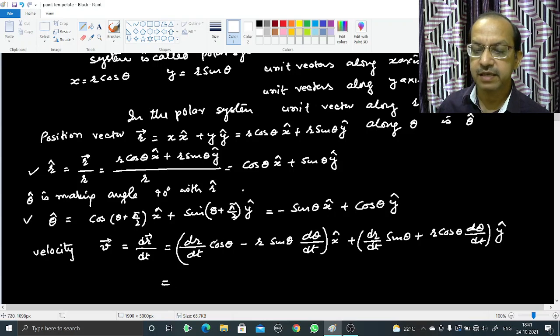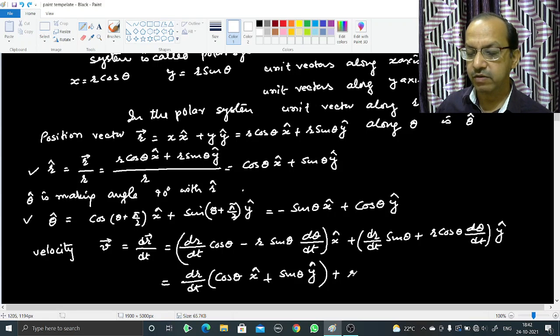Or this can be written as dr over dt multiplied by cos theta x cap plus sin theta y cap, then plus, from the rest of the expression, we can take the common term r d theta over dt. What is left here is minus sin theta x cap plus cos theta y cap.